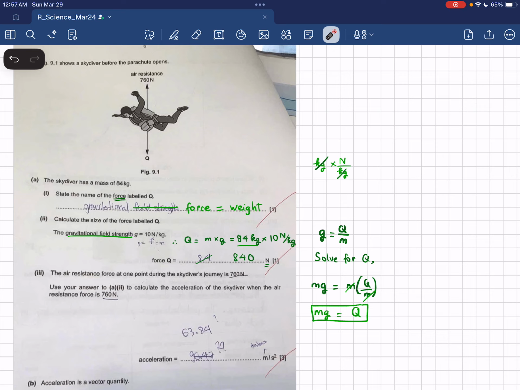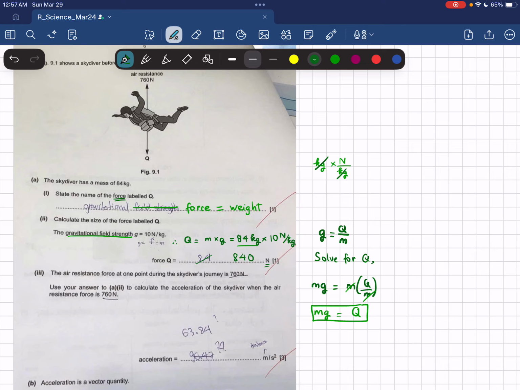Okay, so in order to solve this question, we need to recall the theory of Newton's second law. Do you remember what it is? Do you know what Newton's second law is about?